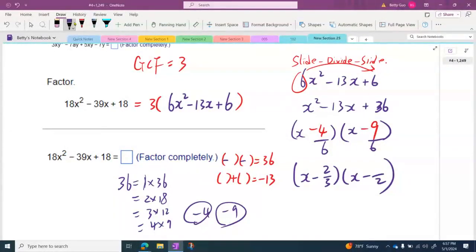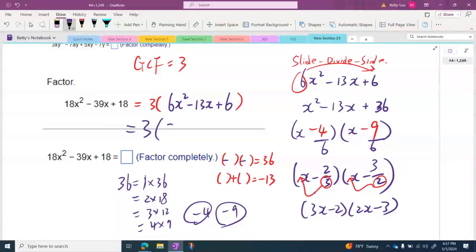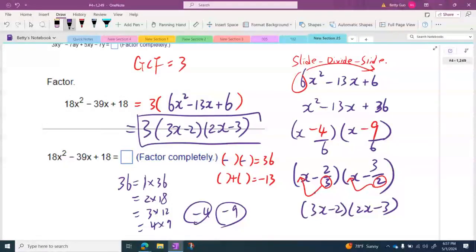Rewrite this 3. And then move this back. Slide this back. So the answer is going to be 3x minus 2 times 2x minus 3. And then put the 3 back: 3 times 3x minus 2, 2x minus 3. This question, I would say, is medium difficulty.